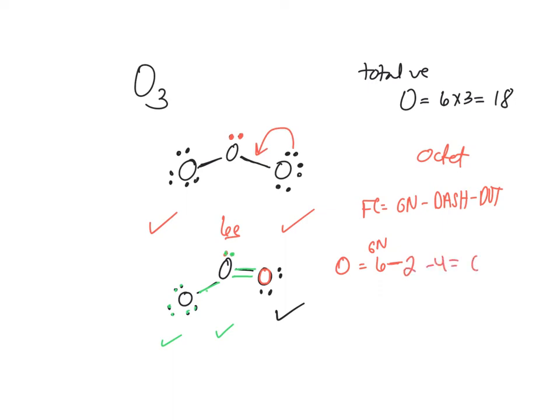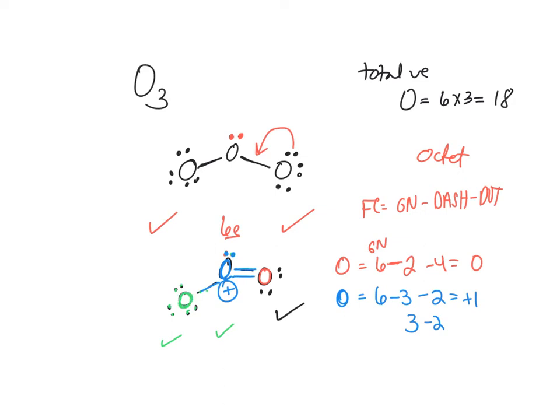So 6 minus 2 minus 4 is 0. Now the middle oxygen is 6 minus 1, 2, 3, and how many dots? 1, 2. So 6 minus 3 is 3, minus 2 is a plus 1. So this oxygen is a plus. And you don't have to put the 1.